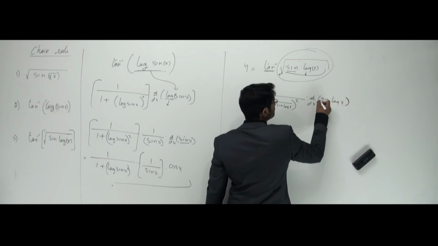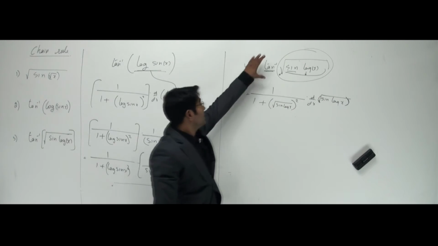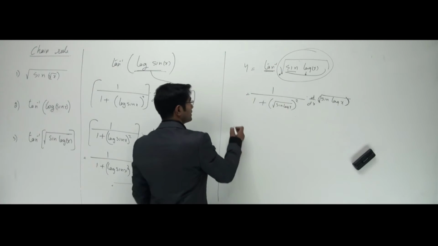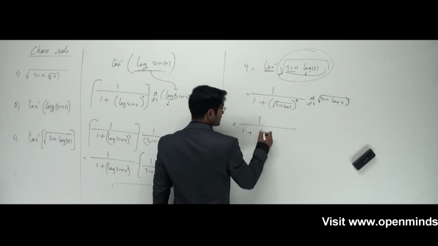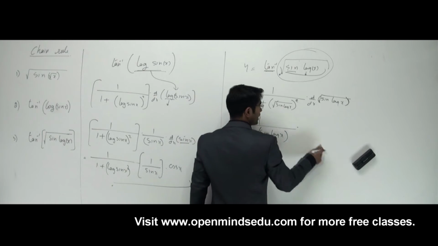Should I write the root here? Yes, I should write the root, because inside the tan inverse you have a root also, the whole thing. Now what next? 1 by 1 plus, I can cancel the root in this, I get sine of log x. That's it.